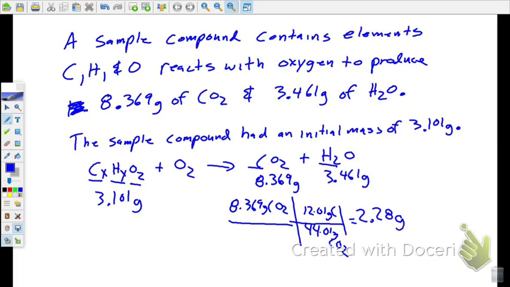Okay. So 2.28 grams. Why don't you see if you can use that same method for finding hydrogen in water? Go ahead and try to find the amount of grams of hydrogen by mass in 3.461 grams of water. Okay, go ahead and do that one.